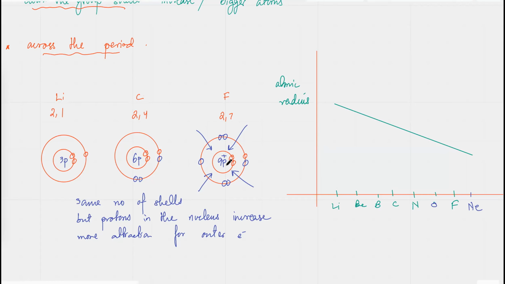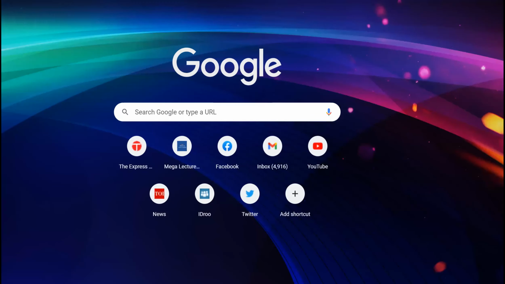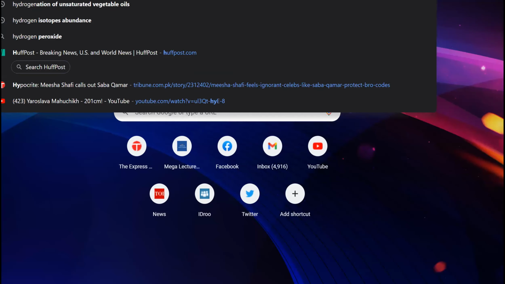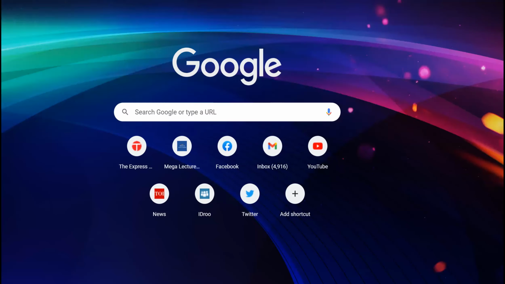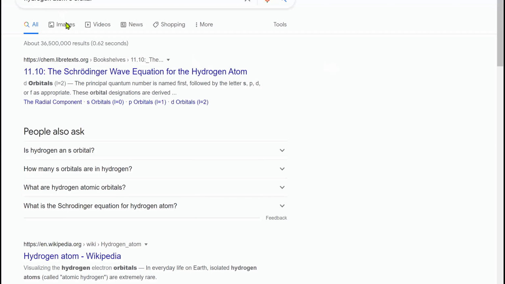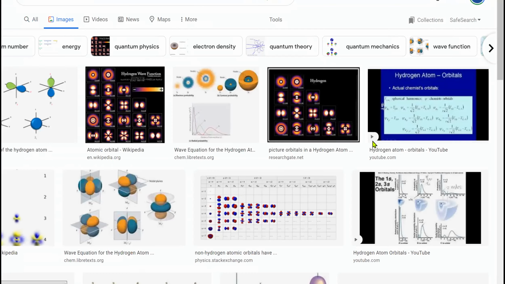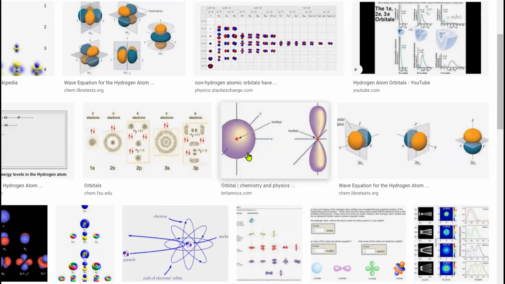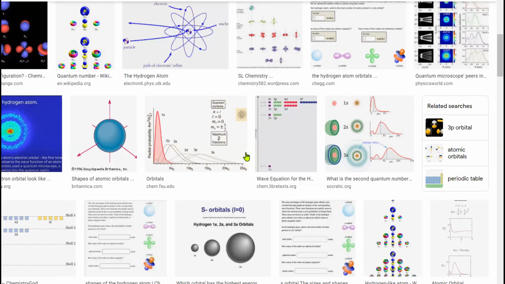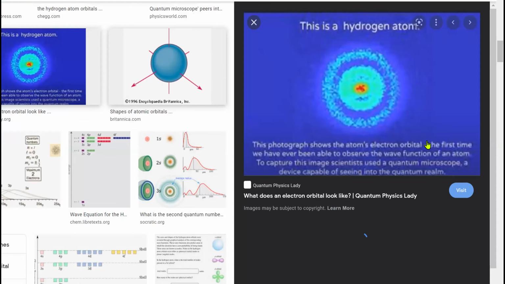But these regions are very ill-defined, which means that if I look at a hydrogen atom and I look at the s orbital, it kind of looks like this.